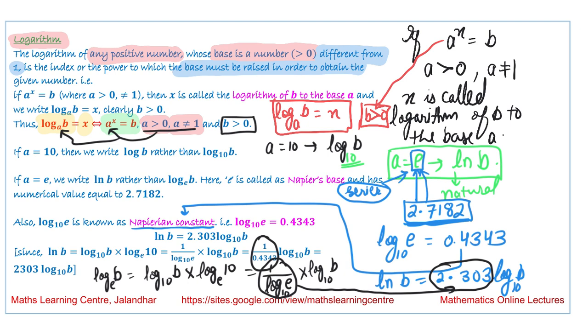So we have this result that to convert natural log of b to the log to the base 10, we have to multiply it with the number 2.303.